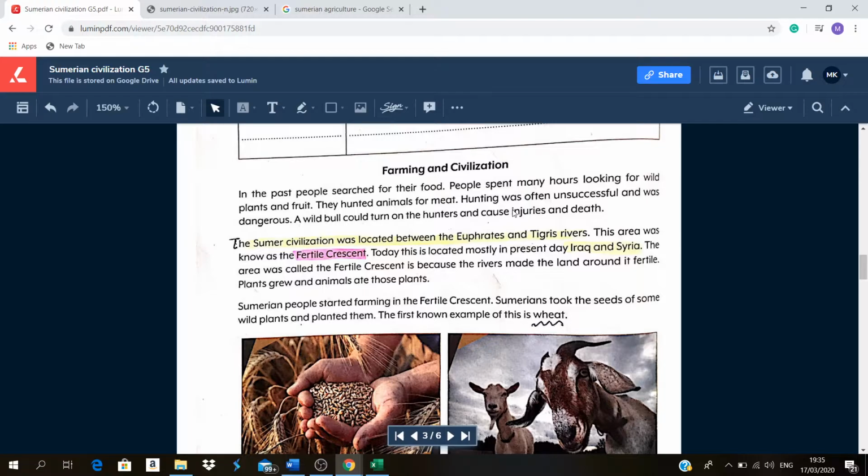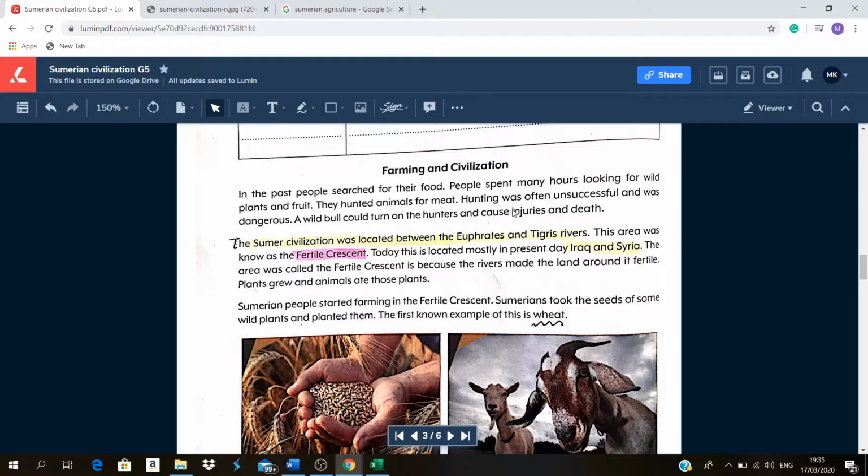The Sumer civilization was located between the Euphrates and Tigris rivers. This area was known as the Fertile Crescent. Today, this is located mostly in present-day Iraq and Syria. Why was it called the Fertile Crescent?